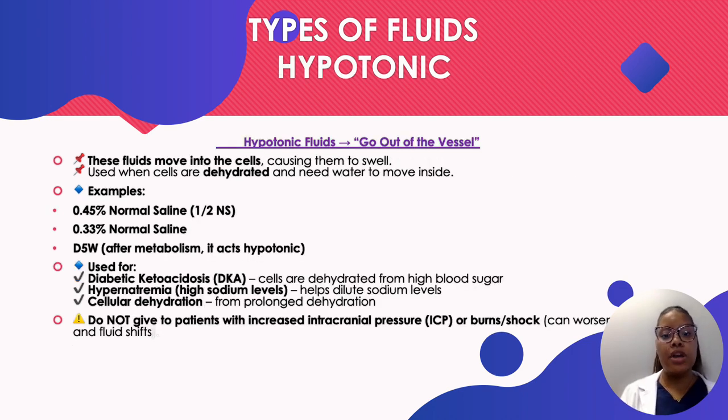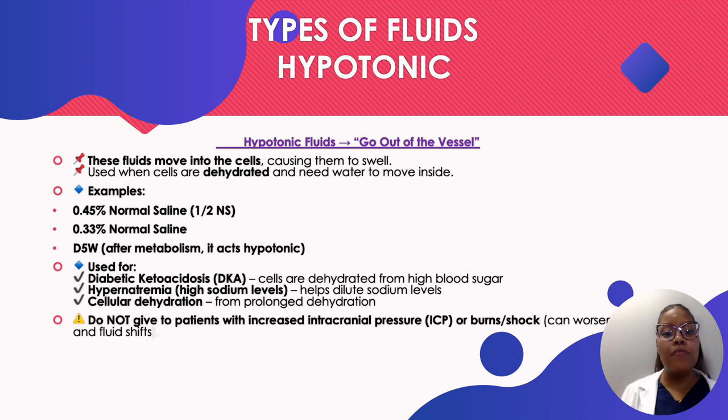The next one we're going to talk about is hypotonic solutions. So the little key phrase for this one is go out of the vessels. So hypotonic fluids, these fluids move into the cells, causing them to swell. So think of that. Hypo, I think of hippo, you're big, okay?